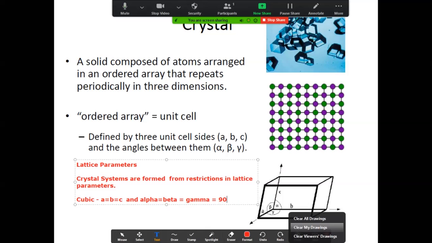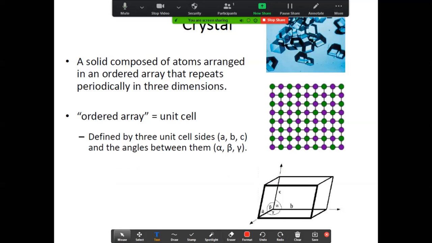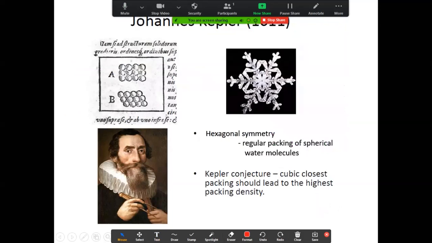So the first kind of observation into crystalline solids began with Johannes Kepler in the 17th century, where he was observing crystalline water, aka snowflakes, and he observed that these snowflakes had hexagonal symmetry. Snowflakes contain spherical water molecules.